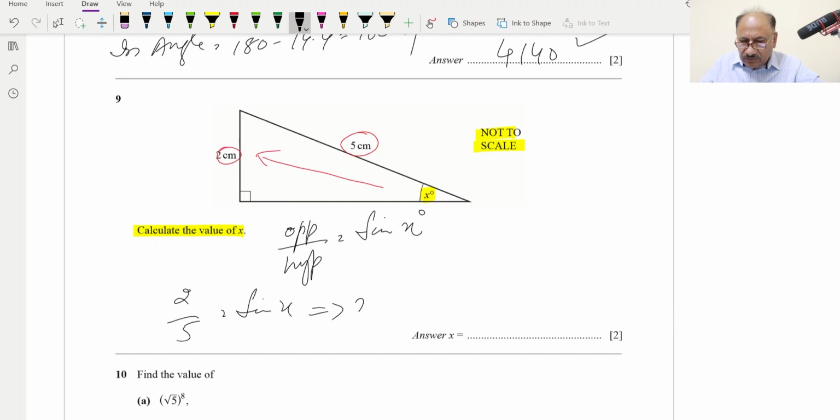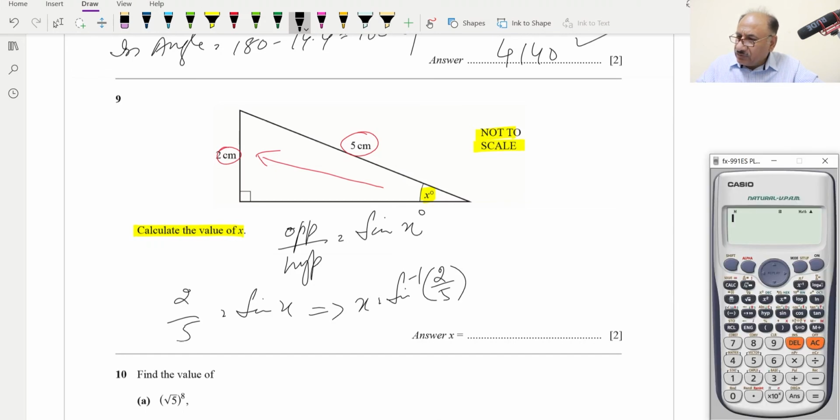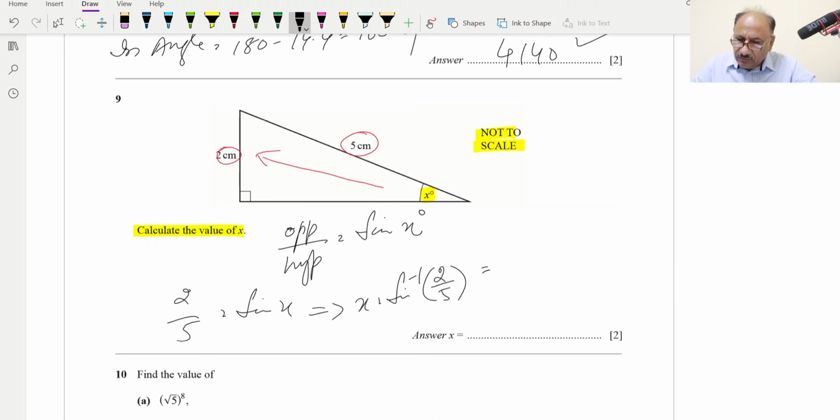This implies x will be equal to sine inverse of 2 over 5, shift sine of 2 over 5, and your calculator should be in degree mode, and this is 23.578 degrees, and we can round it to 23.6 degrees. This will be the final answer.